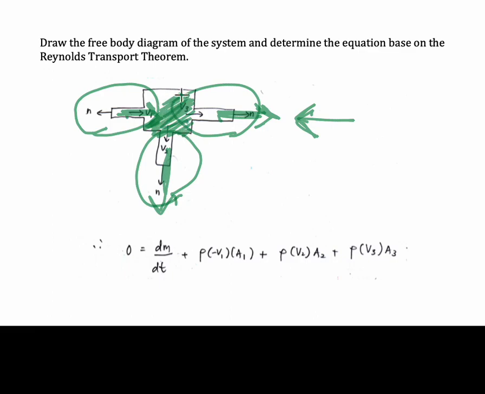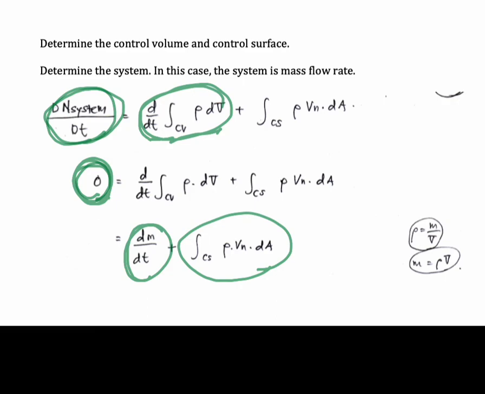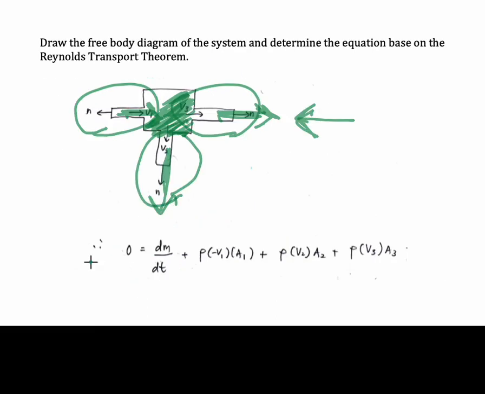The increment of this system is the increment of mass per time. So this dm/dt is actually telling us the mass flow rate inside the system.